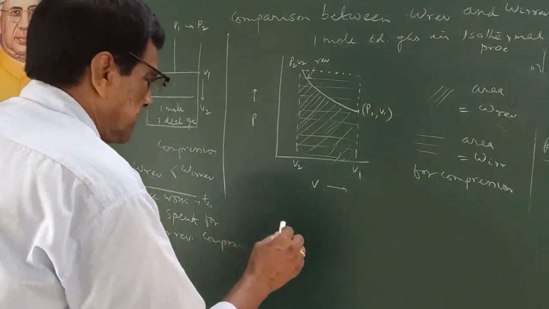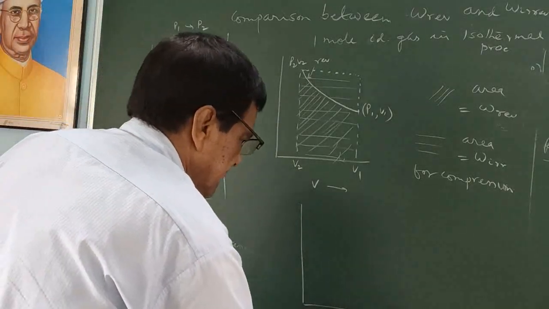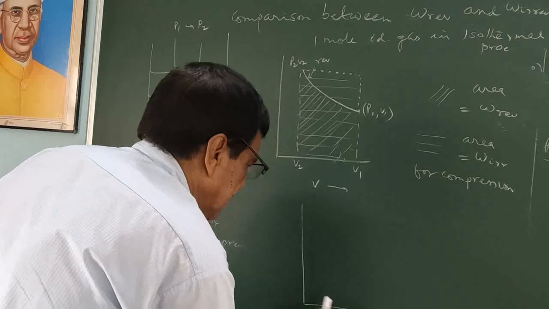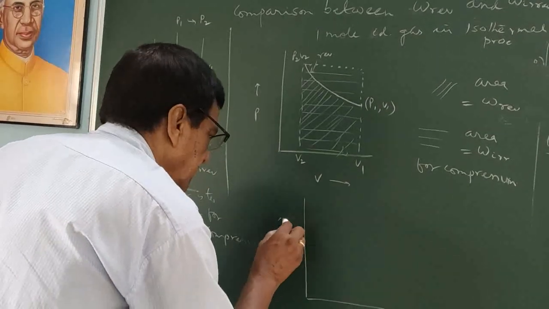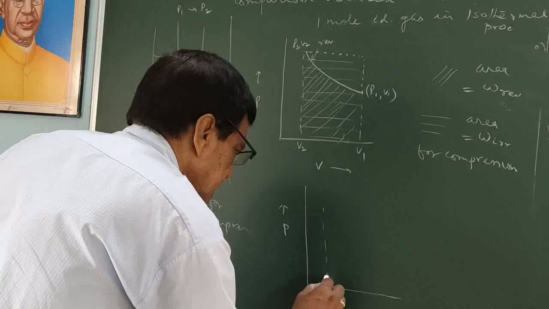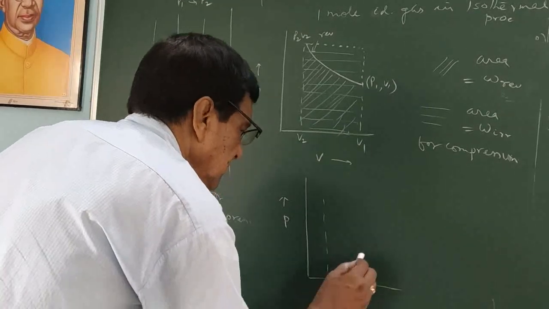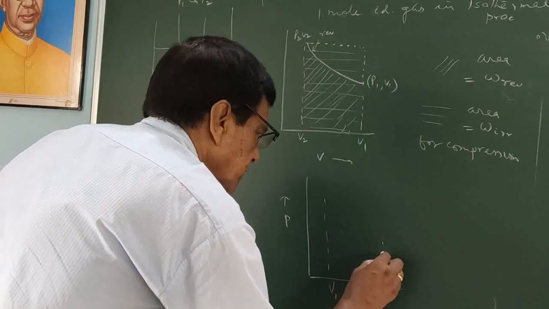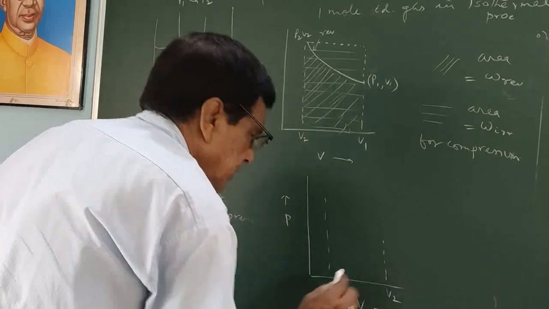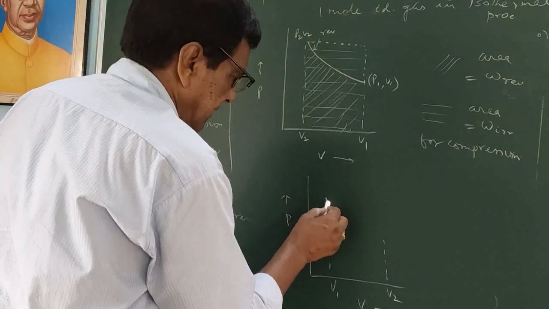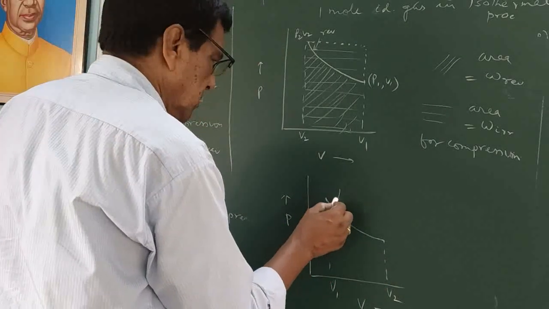If we do the expansion, I shall also draw this, and this is P, and here it is V1, and here it is V2, and again this is isothermal.